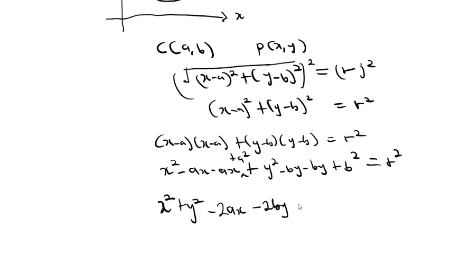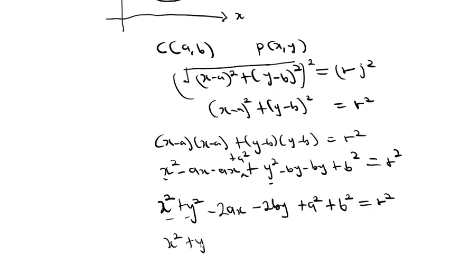We have a squared and b squared, so we get a squared plus b squared equal to R squared.